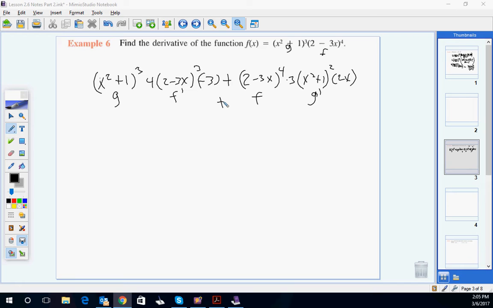So this guy simplifies down to 6x. This guy is negative 12, the 4, the negative 3.